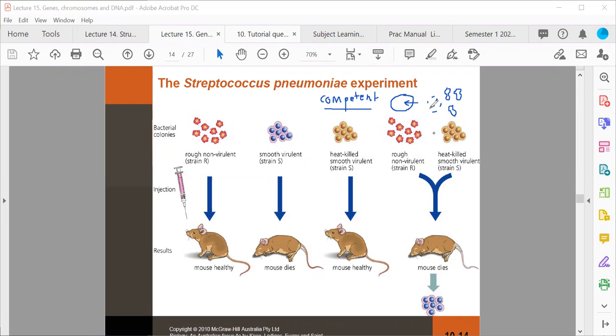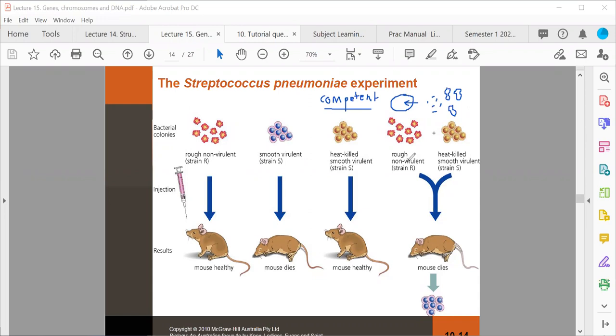So in this case, these non-virulent bacterial cells actually took up some of the DNA, that is, they were transformed with some of the DNA from the virulent bacteria, and they just so happened to take up the DNA that confers virulence, the DNA that contains the genes that confer virulence and cause disease. And that's why when you put them together and inject those into mice, the mice actually died.